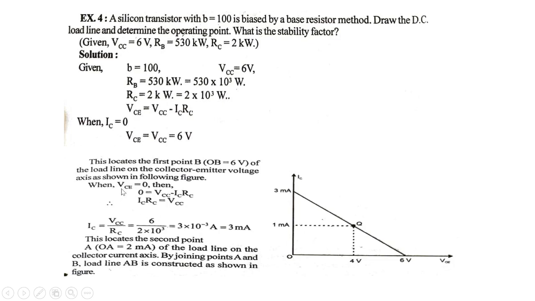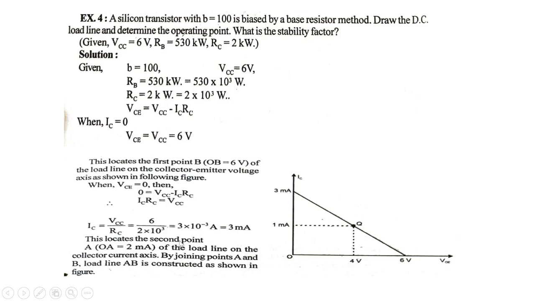Now, when VCE equal to 0, then 0 equal to VCC minus ICRC. So ICRC equal to VCC, so IC equal to VCC upon RC, 6 upon 2 into 10 raised to 3, equal to 3 into 10 raised to minus 3 ampere, equal to 3 milliampere.